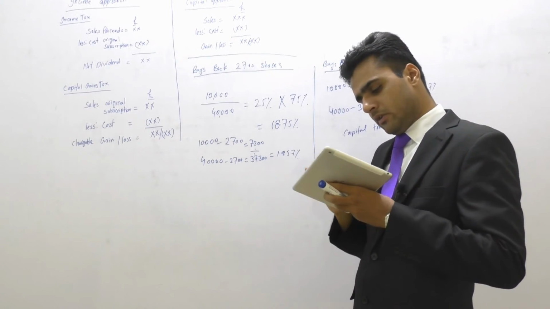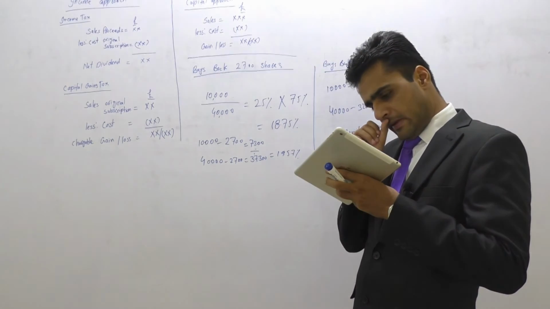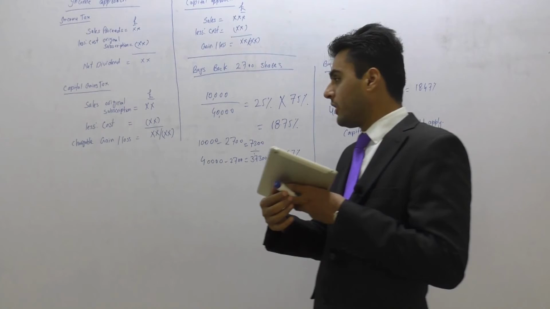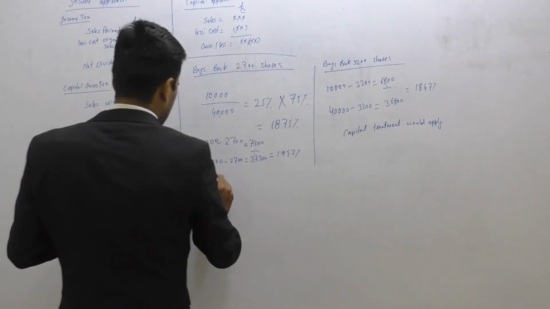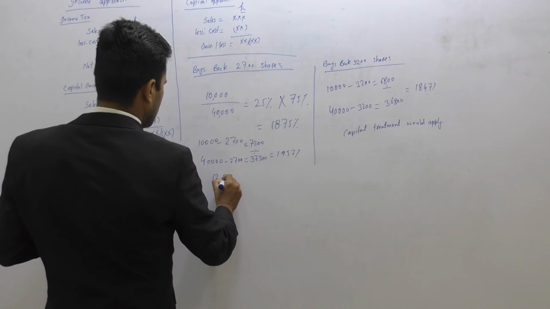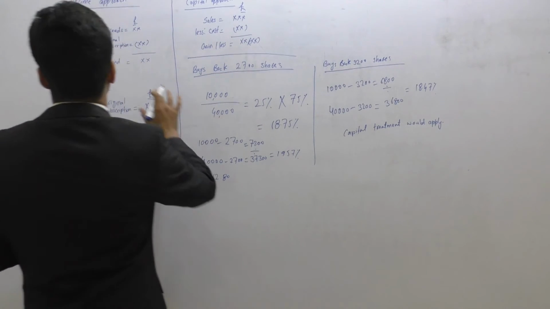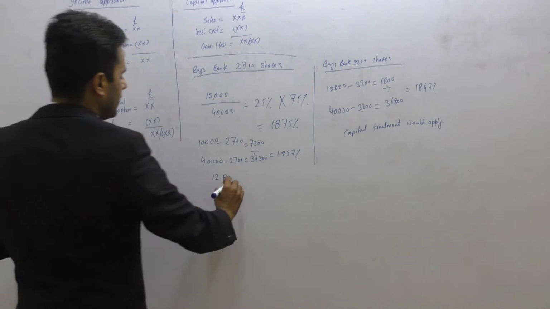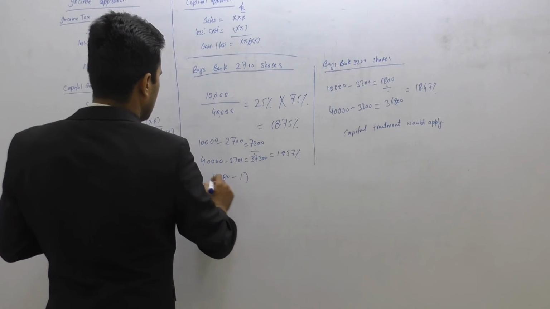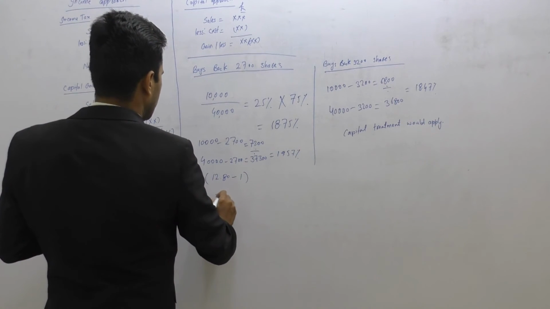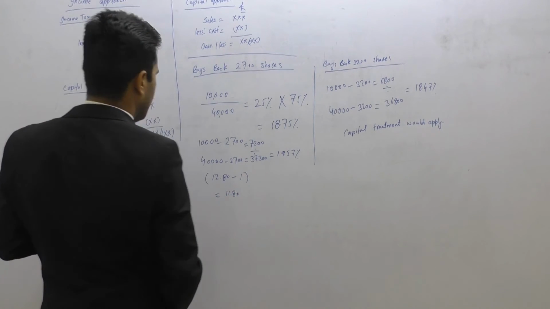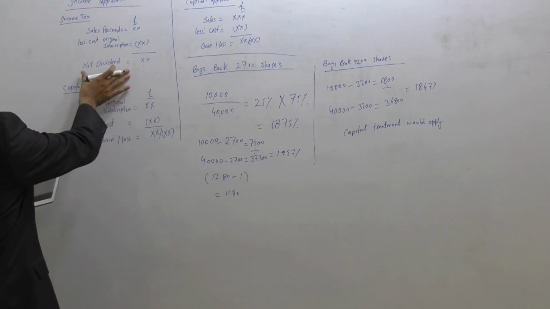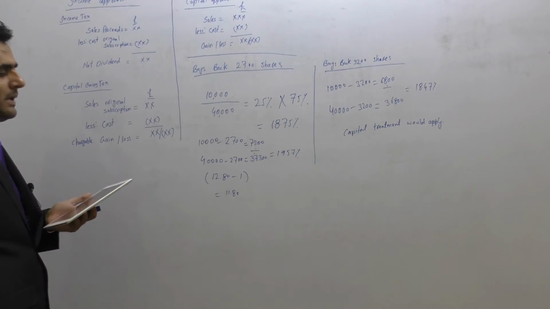So market value in this case was £12.80, and we will deduct the original subscription price, which in this case was £1, and the amount is how much? £11.80. That is the amount which is the net dividend on which she will have to pay tax.